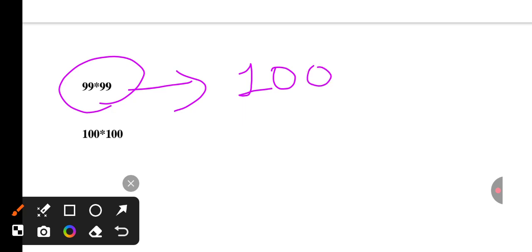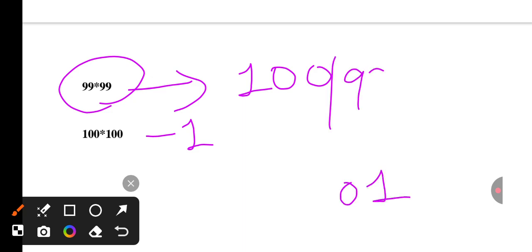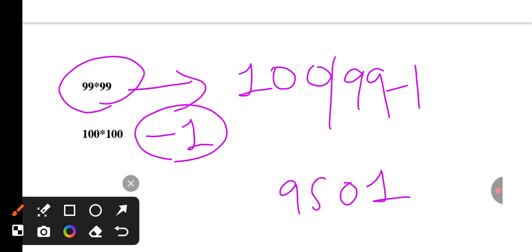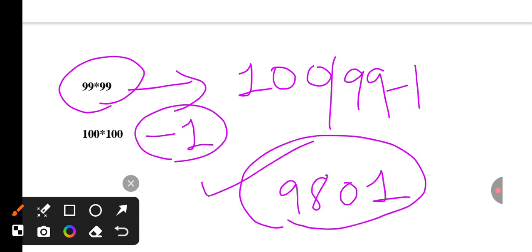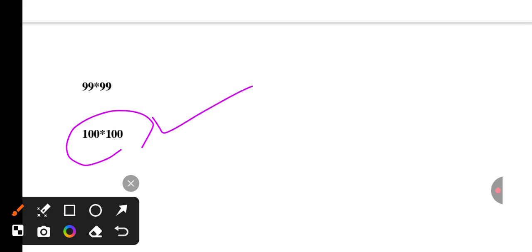First compare with 100, how much less is it? 1 less. Do 1 square, that is 01. 99 minus 1, it will become 98, so 9801. Okay, 9801 is the answer of 99 square. Okay, 100 square, you know it is simple.